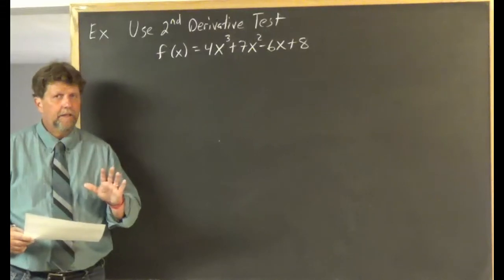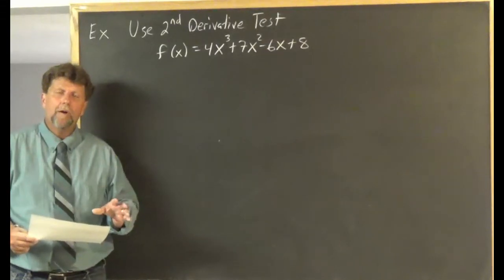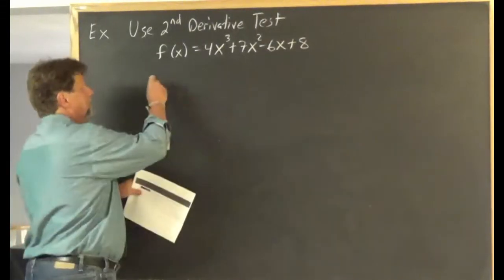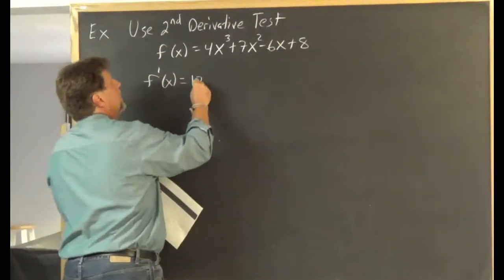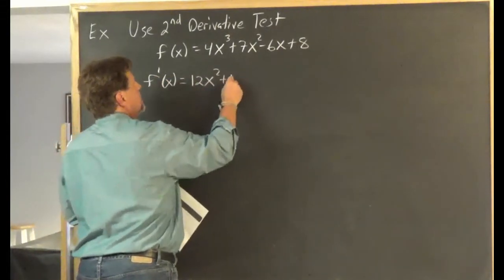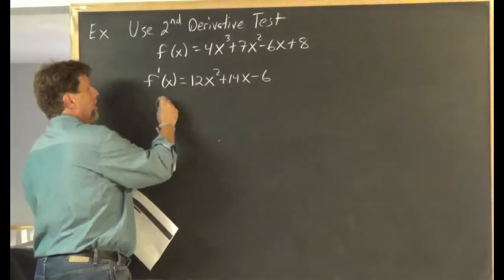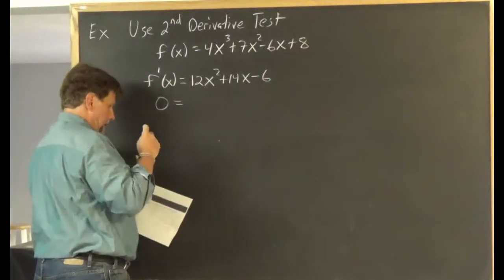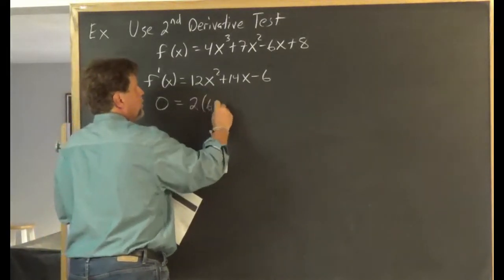That's the only thing the second derivative test pertains to: the critical values where the derivative is 0. So I better get the derivative. The derivative is 12x squared plus 14x minus 6. Let's determine where that's equal to 0. I'm going to go ahead and factor out a 2.